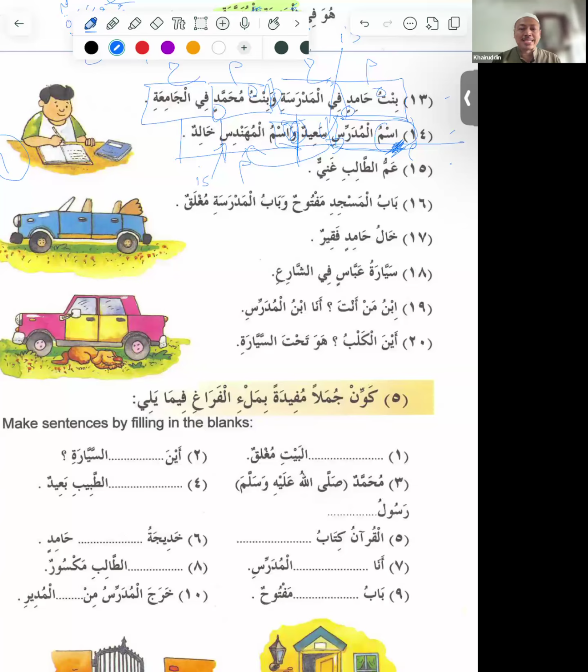Maybe we'll extract some sentence examples, some word examples, and give you an exercise to identify the forms, and you can relate it to the forms that we've talked about so far: mubtada khabar, mudhaf ilayh, and today we introduce something called sifat mausuf.